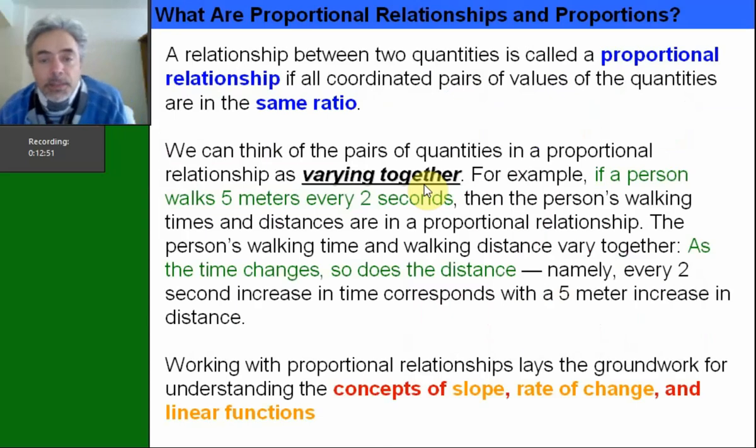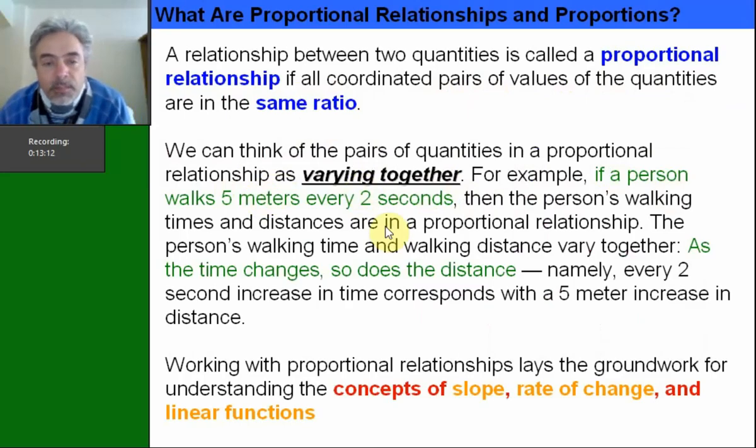A relationship between 2 quantities is called a proportional relationship if all coordinated pairs of values of the quantities are in the same ratio. So they are only a proportional relationship if they keep the same ratio. We can think of the pairs of quantities in a proportional relationship as varying together.